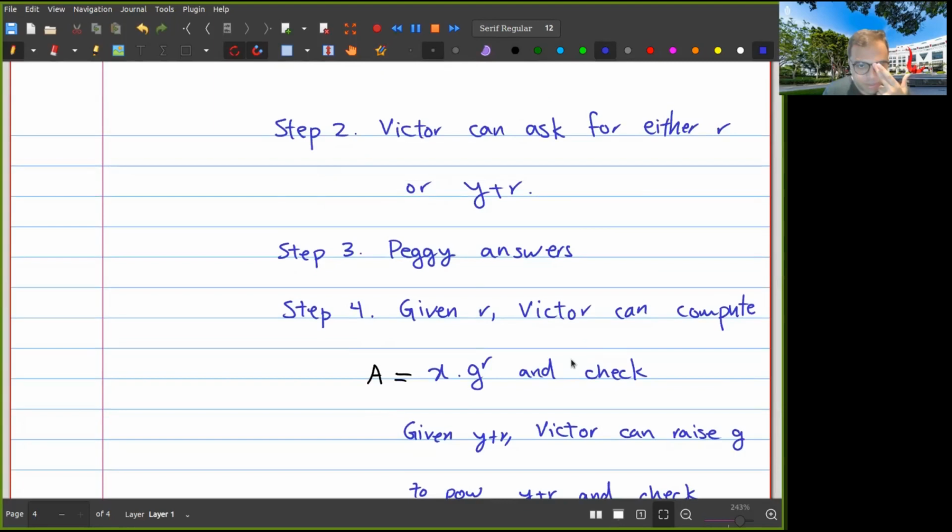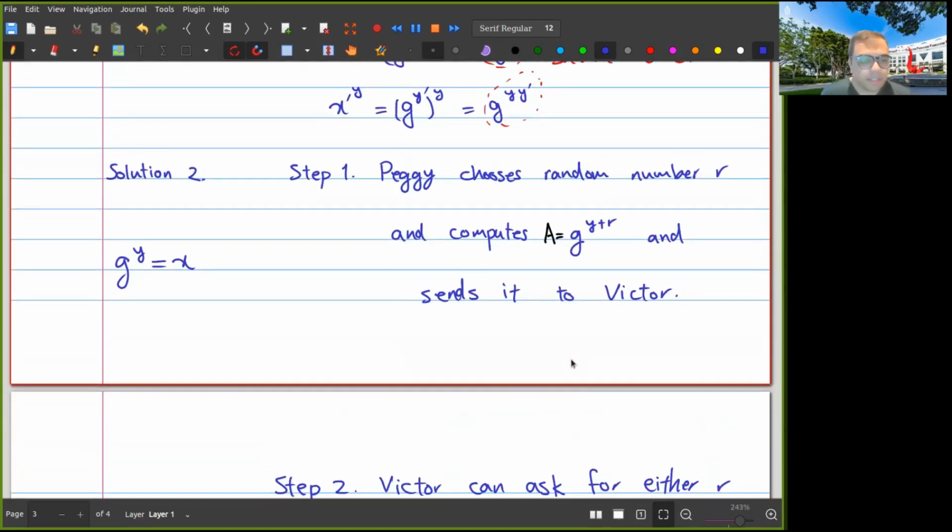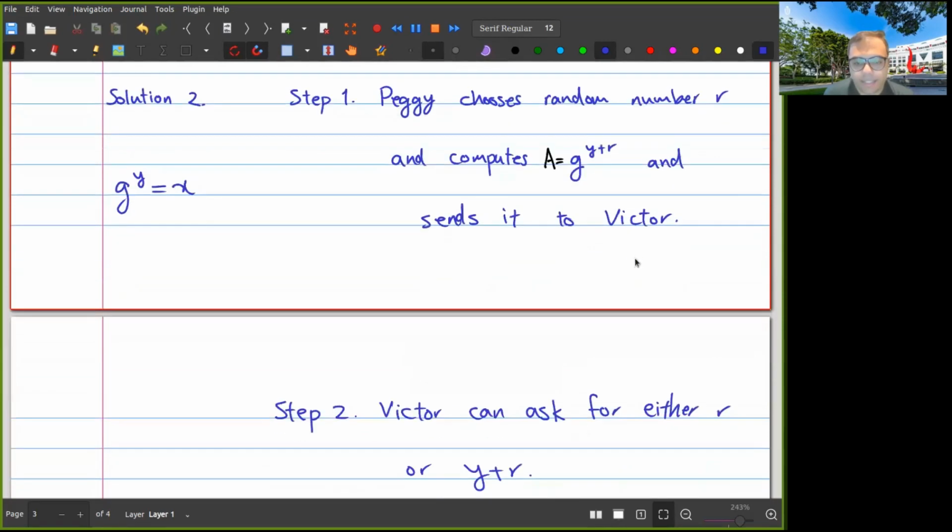Now, why does this prove anything to Victor? First of all, let's talk about why this doesn't really leak much information intuitively. So Peggy is choosing a random number r each time, and then Victor is either asking for r or y plus r. But both of these are going to be random, right?